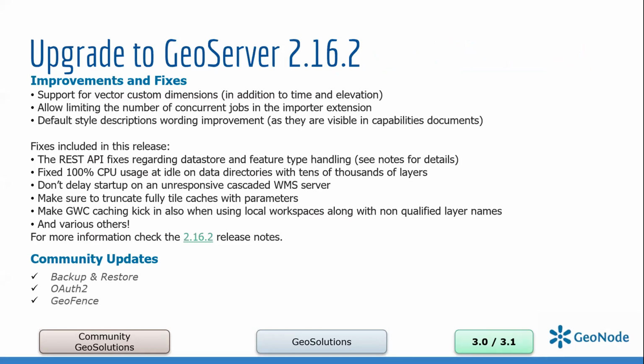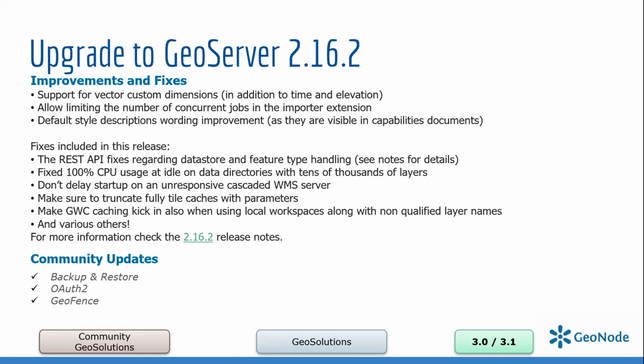The current version of GeoNode 3.0 and most probably 3.1 officially supports GeoServer 2.16.2. But they are compliant also with GeoServer 2.17 and most probably with GeoServer 2.18 when it is released.